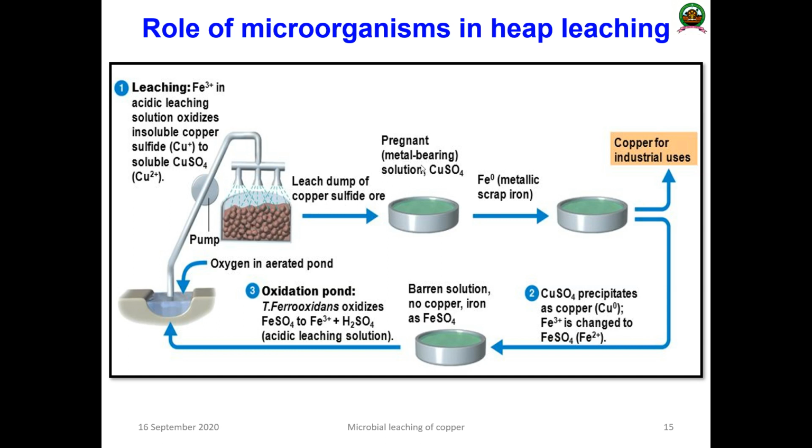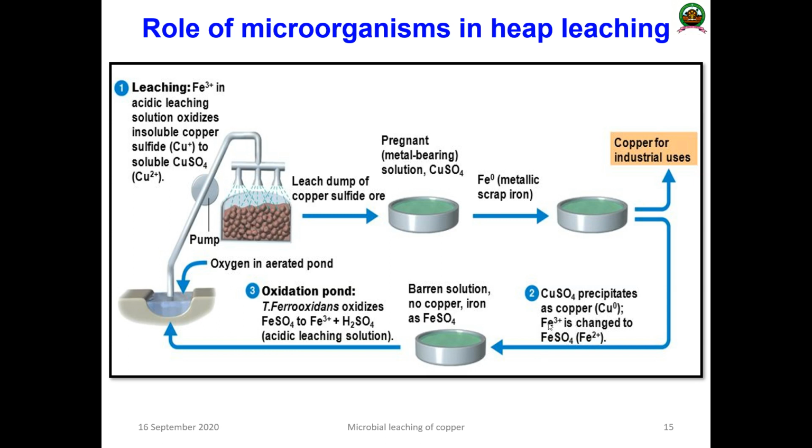That is the pregnant or metal-bearing solution consisting of copper sulfate, and in this step it is going to the metallic scrap iron. Then in the next chamber the copper will be going for industrial uses. Then again the copper sulfate precipitates copper as copper, and iron 3 is changed to ferrous sulfate.